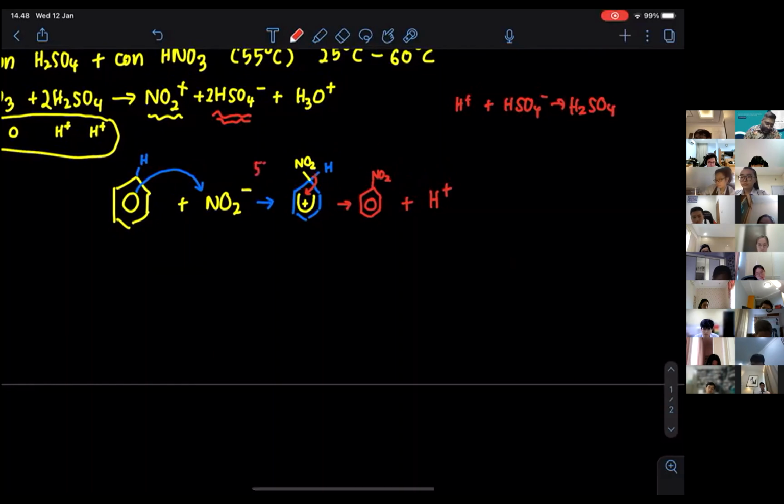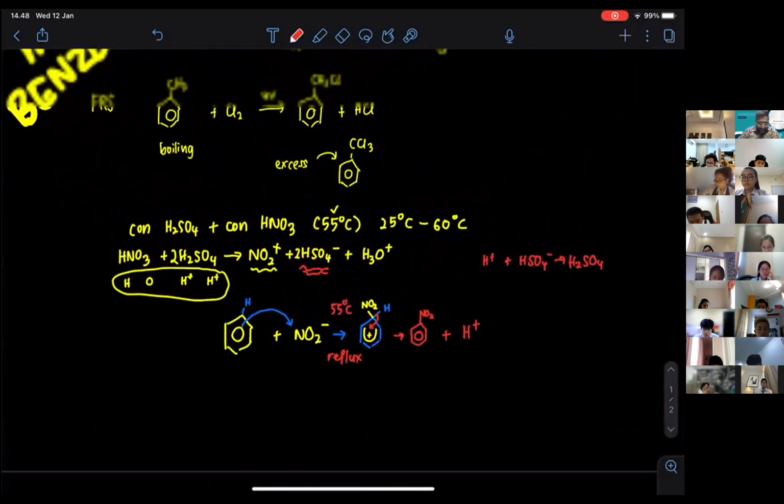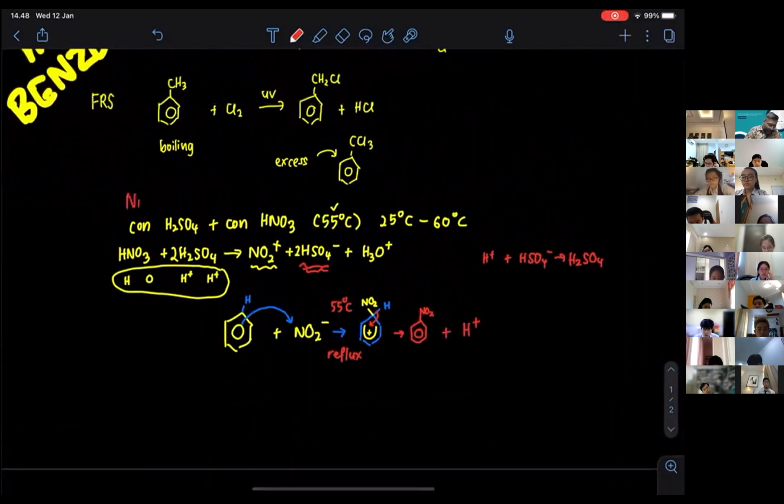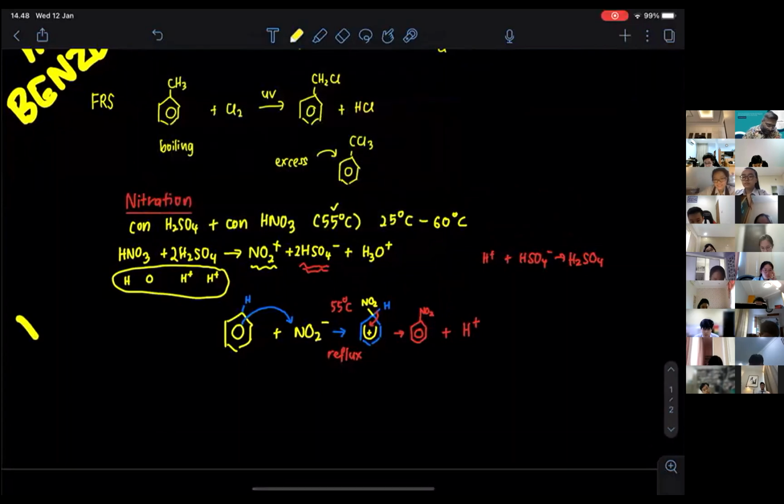The only thing is 55 degrees Celsius, and it must be reflux. This reaction is known as nitration, and it happens for benzene.